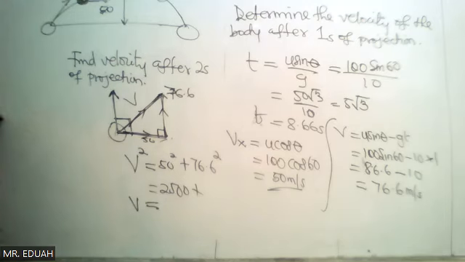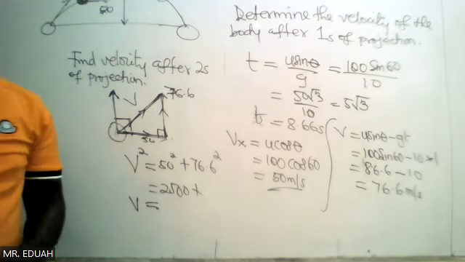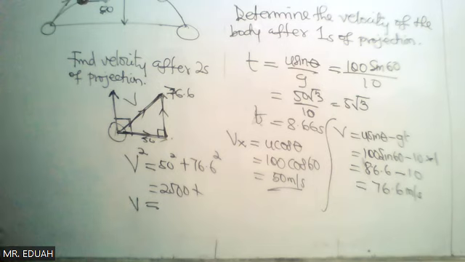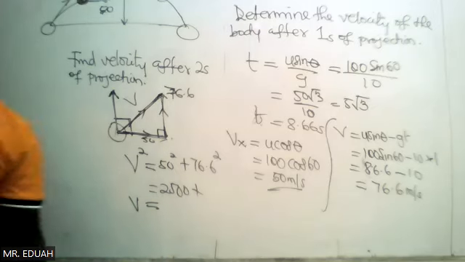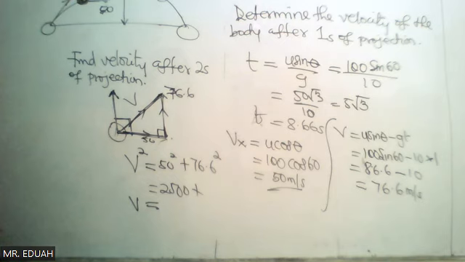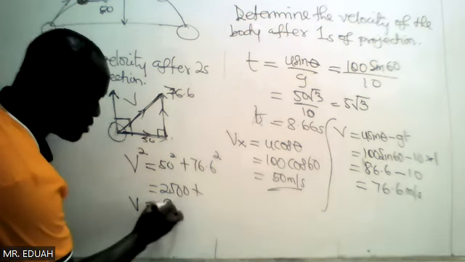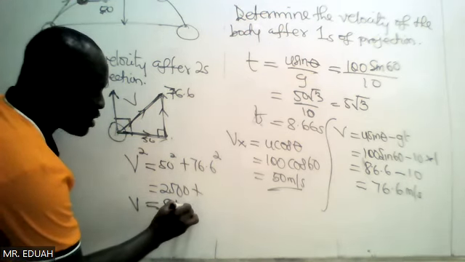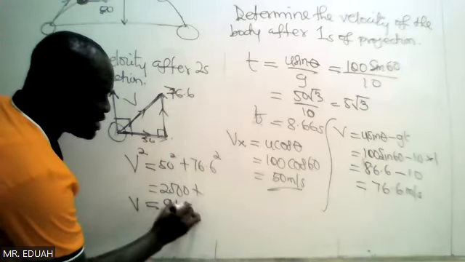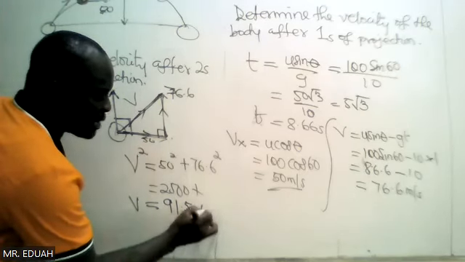So v will be equal to the square root of 76.6 squared added to 2,500. I got 91.474, so 91.5 meters per second.